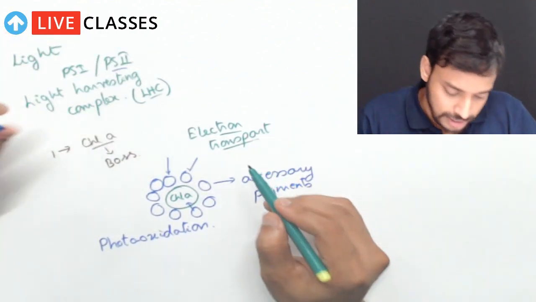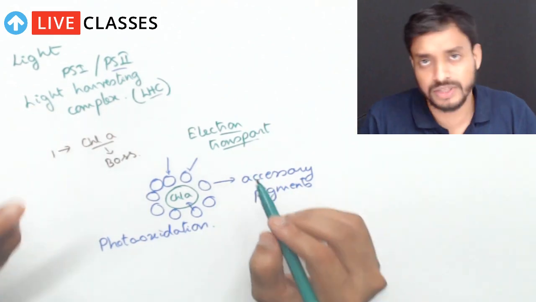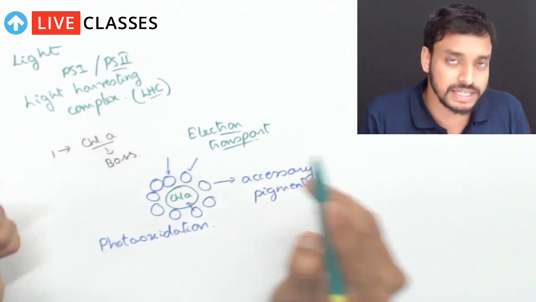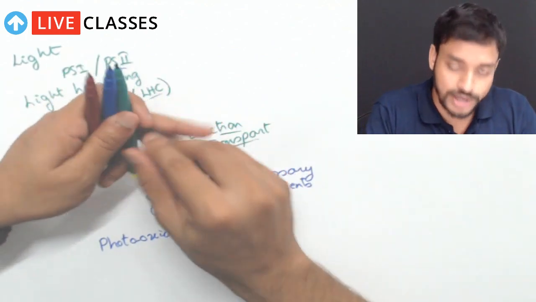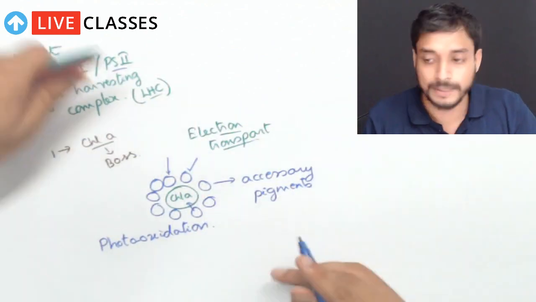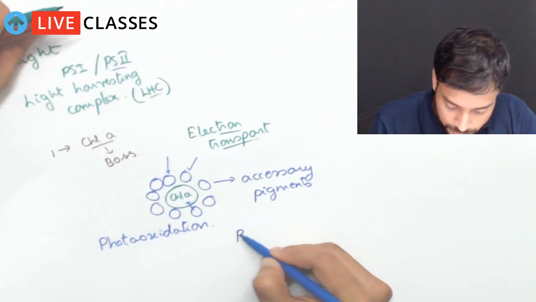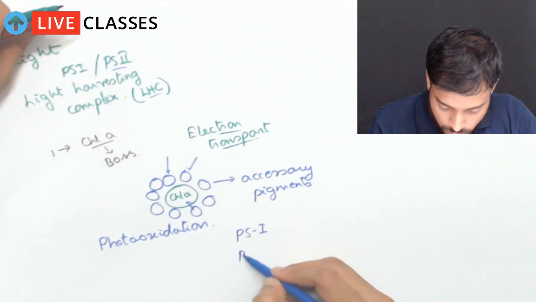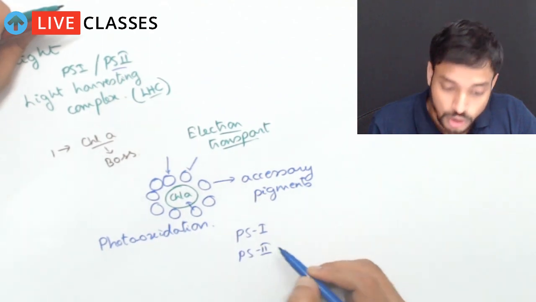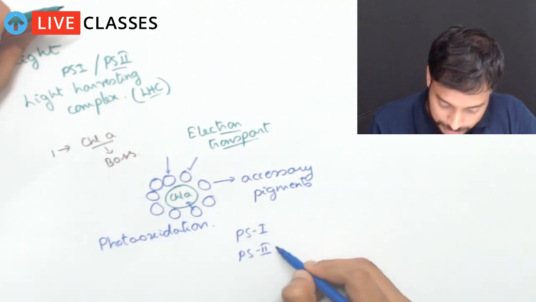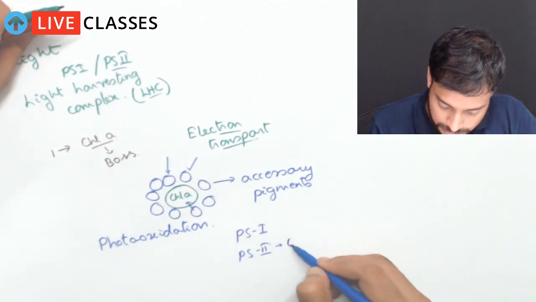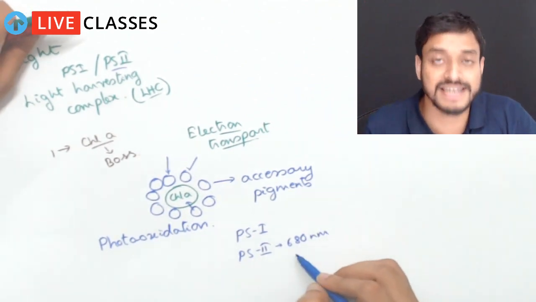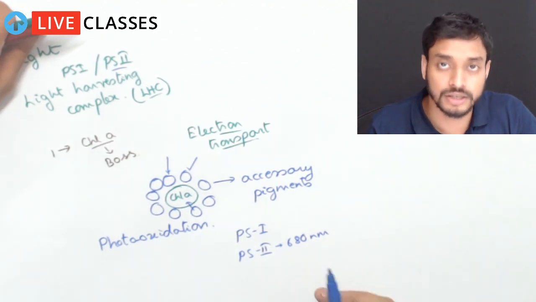So these two photosystems, photosystem 1 and photosystem 2, are slightly different in their characteristics. First of all, the basic characteristics you have to remember: photosystem 2 absorbs 680 nanometers of light. You understand? 680 nanometer, this is the wavelength.